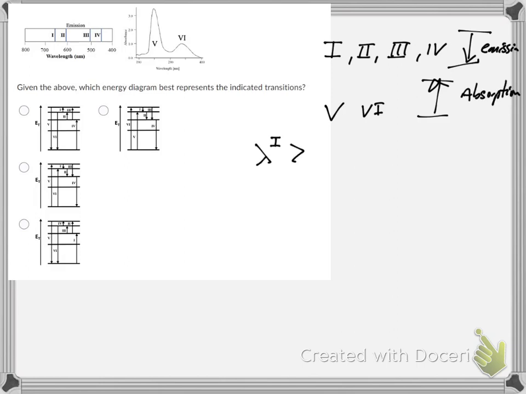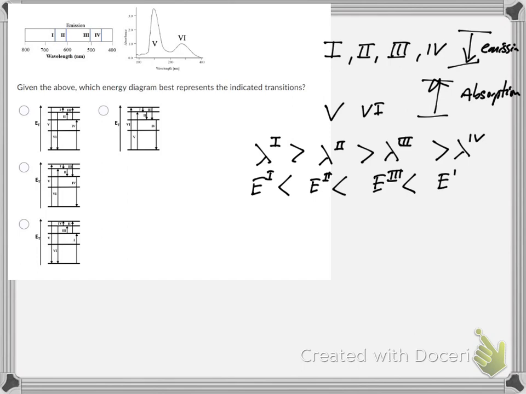For Roman numeral 1, the wavelength is longer, then 2, then 3, then 4. 4 is the shortest, the smallest value. That means we can rank the energy this way, and the arrows would look like that in terms of their length. The lowest energy has the smallest arrow.